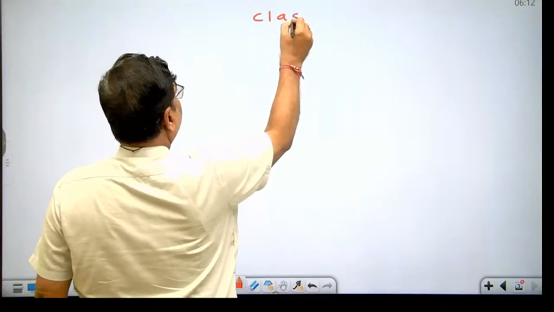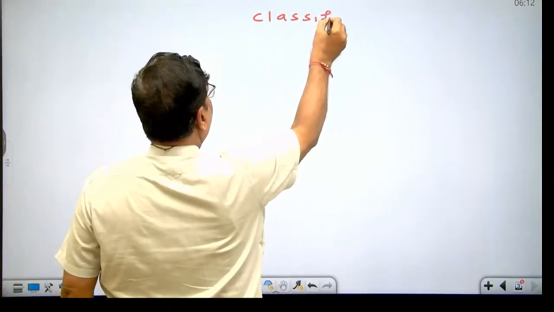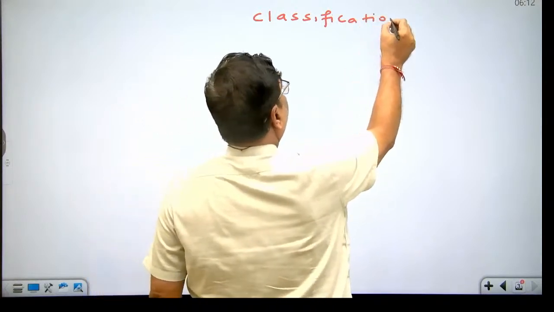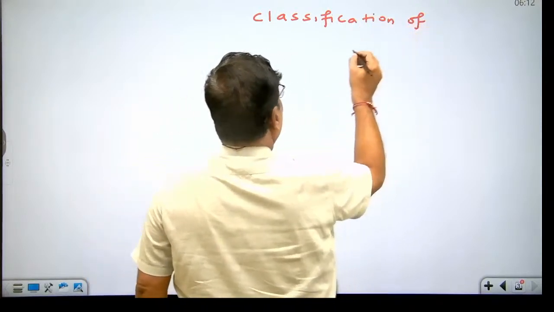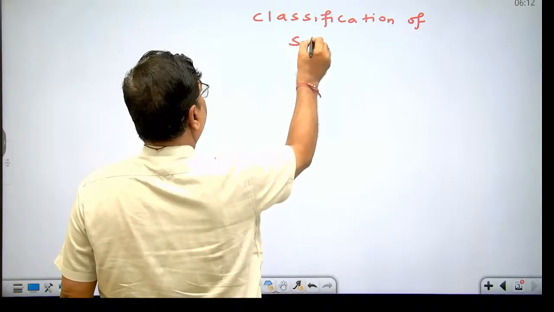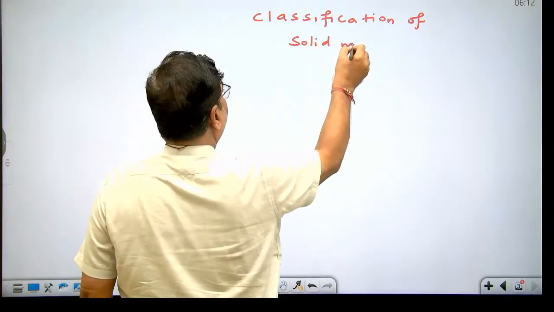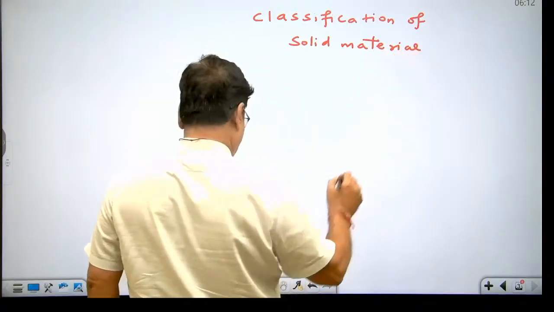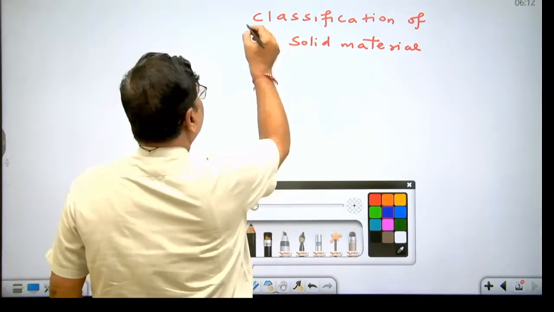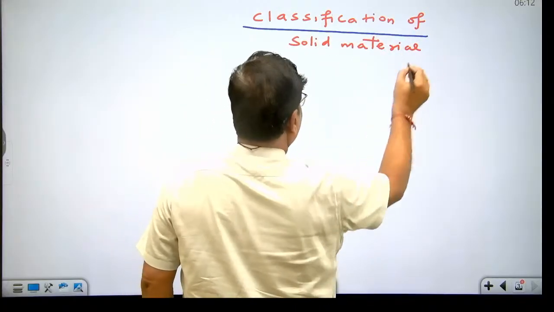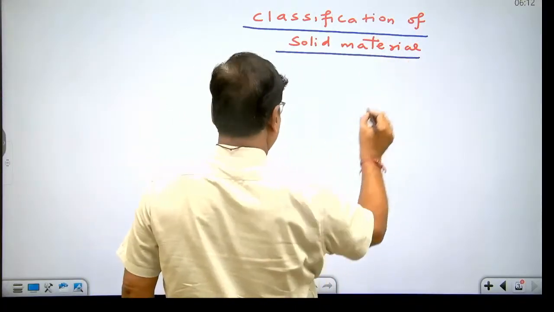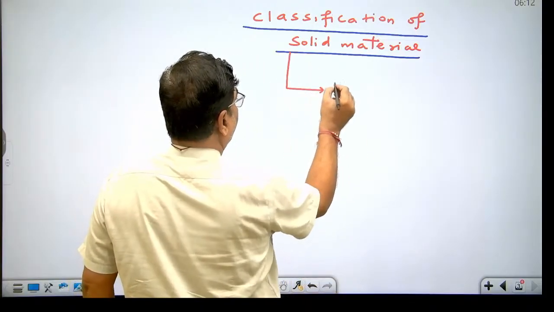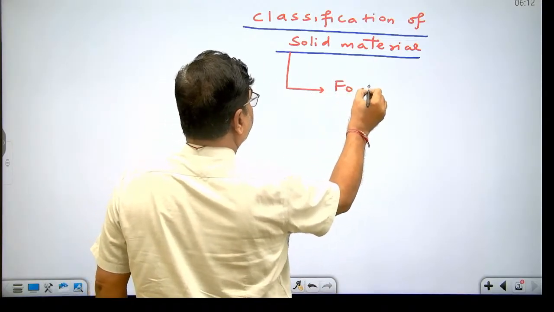Classification of solid material. There are three bases. First, based on forbidden energy gap.